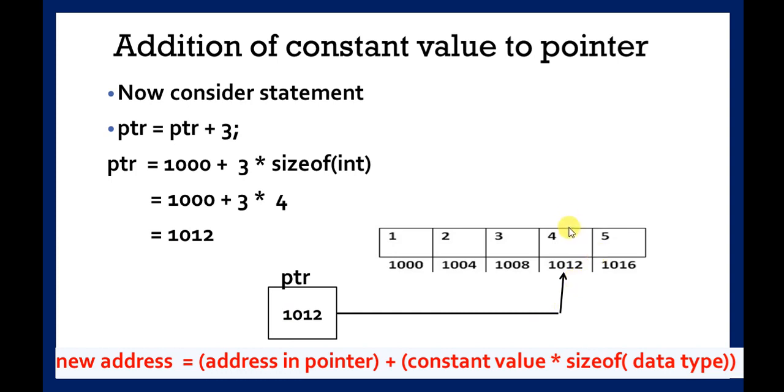This PTR contains the address 1012. So we can find the new address by using the formula: new address equals address in the pointer plus constant value into size of type. Size of type means int here. If the pointer is of double type, it will move the pointer 3 into 8, means 24 bytes ahead.